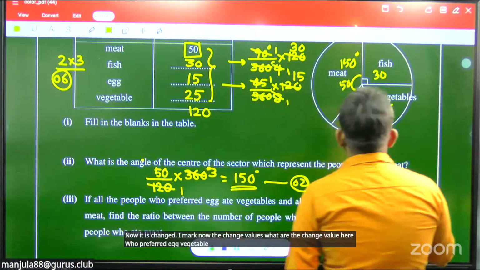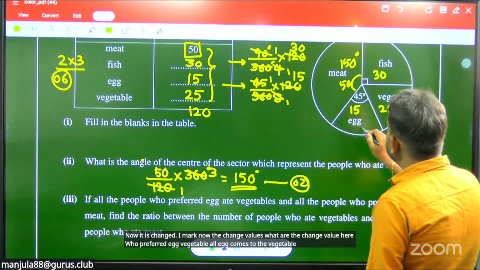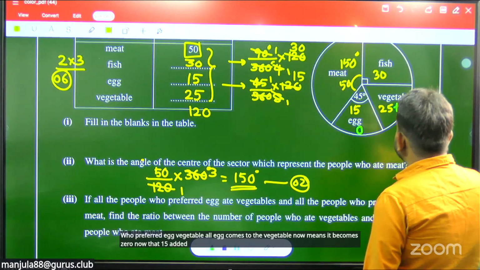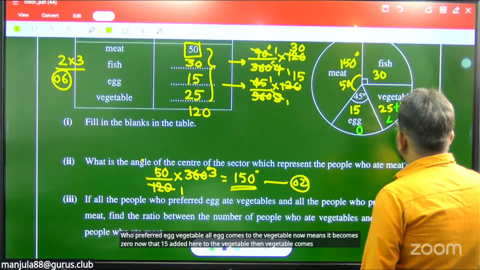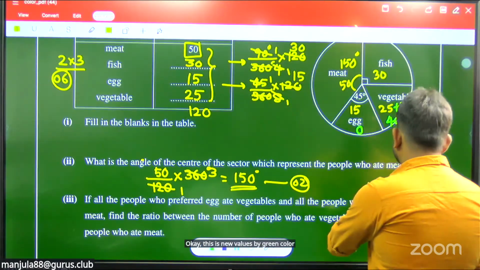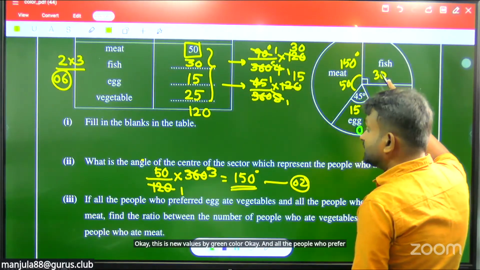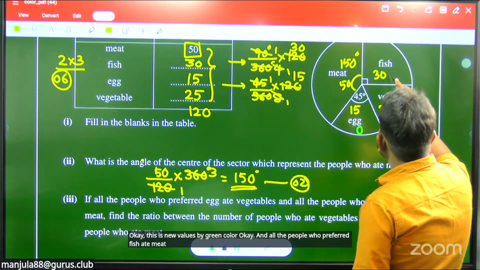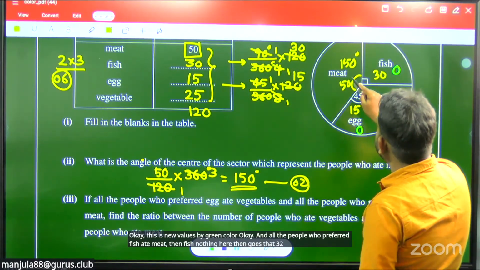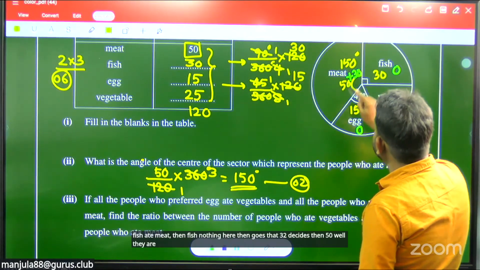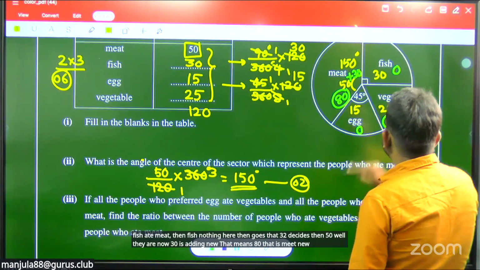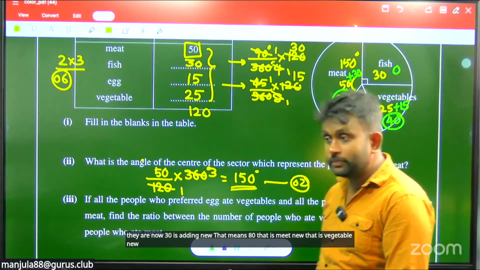All egg comes to vegetable, so egg becomes 0. Now that 15 is added to the vegetable, so vegetable comes as 40. These are new values in green color. And all the people who preferred fish now ate meat, so fish becomes nothing, and that 30 goes to the meat side. With 50, adding the new 30 means 80, that is the new meat value. Okay, new values are being counted.